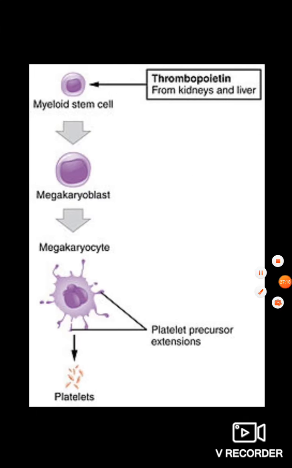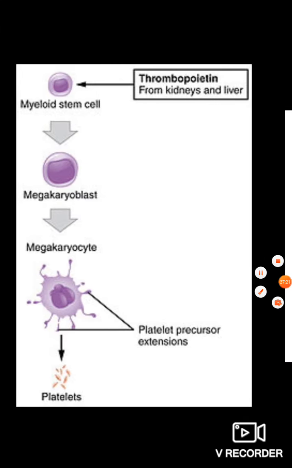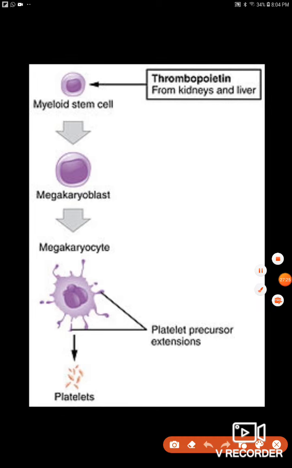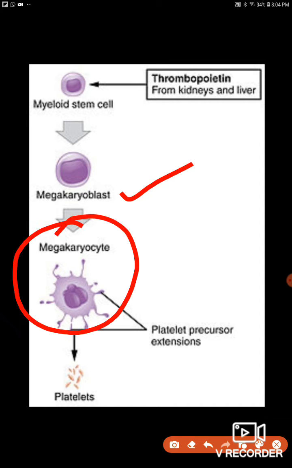As you know, from the bone marrow, stem cells are formed. These stem cells produce big cells called megakaryoblasts, and at maturity they are called megakaryocytes.